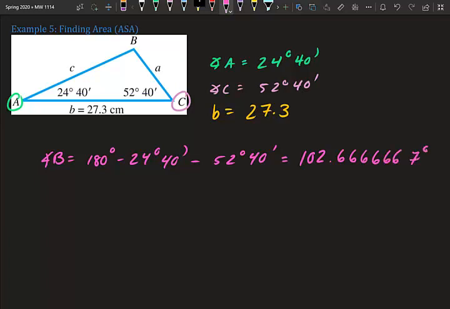So with your calculator, if you want to get to minutes, you press second, apps, and hit number 4. Looks like this. And you should get B is approximately 102.40.